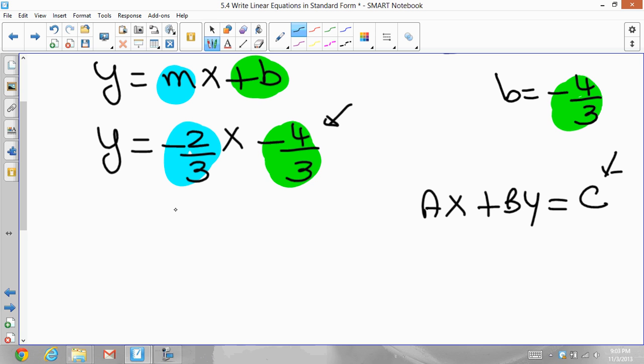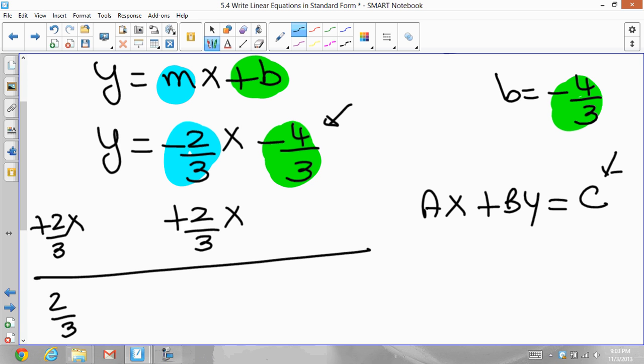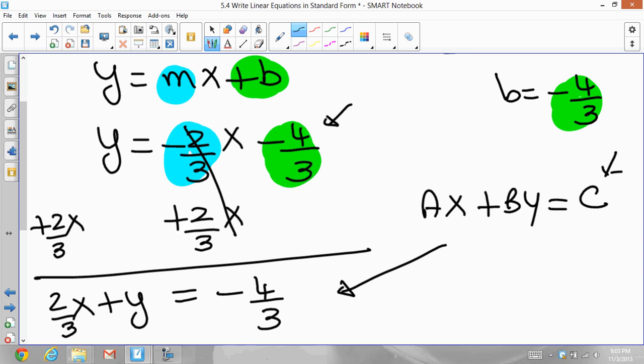So I'm going to rearrange it to give me 2 over 3 x plus y. Remember, y gets a positive sign. Cancel these two, because I'm sending this to the opposite side, minus 4 over 3, and that is in the standard form, where you got the x, where you got the y, equals the constant.